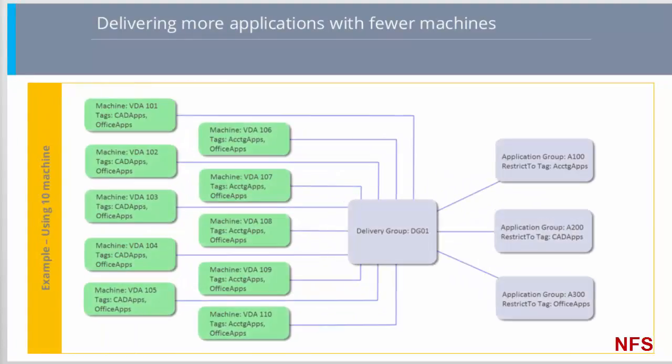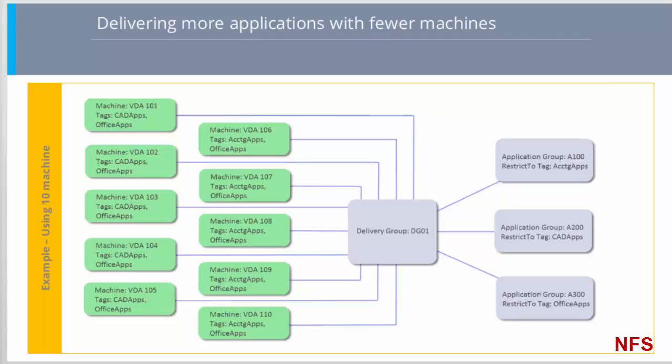Now let's look at an example that shows how we can deliver more applications with fewer machines than would otherwise be needed if you used only delivery groups. This example uses 10 machines, VDA 101 to 110, one delivery group, DG01, and three application groups, A100, A200, and A300.